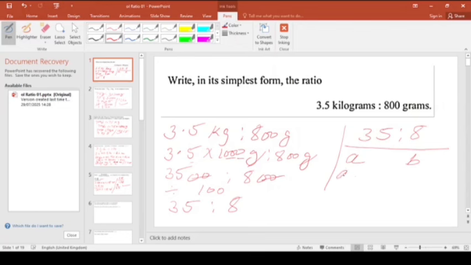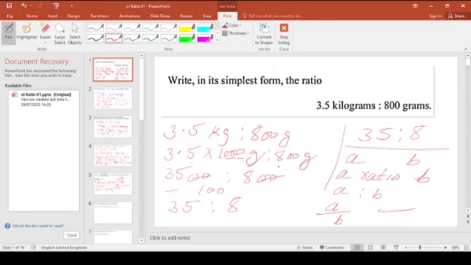For example, we can write A ratio B in sentence form, and we can also write it in the form A:B. It is also A ratio B, and we can also write it in the form A over B. These three ways of expression have the same meaning, that is A ratio B.